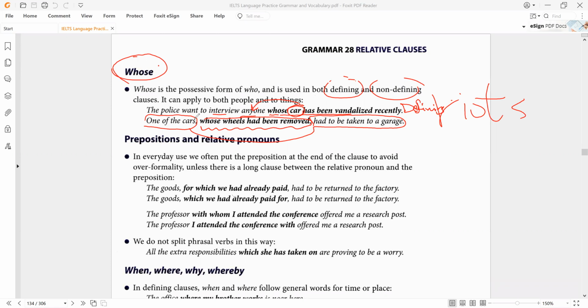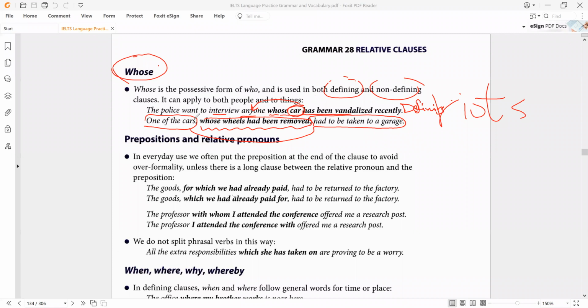Okay, in everyday use we often put the preposition at the end of the clause to avoid over formality, which is over complication. We avoid complexity. The goods for which we had already paid had to be returned to the factory. Or the goods which we had already paid for had to be returned to the factory.